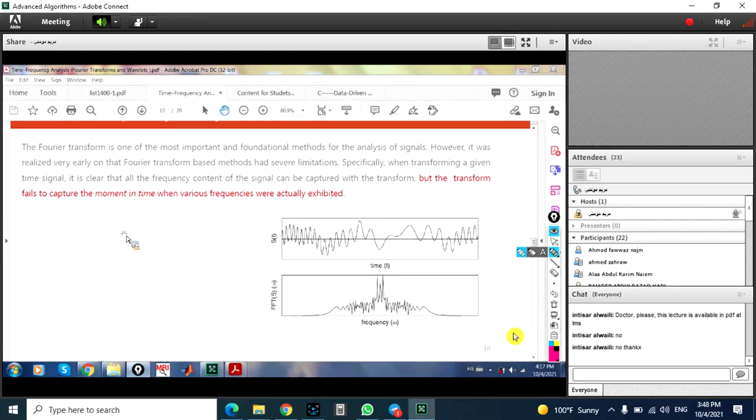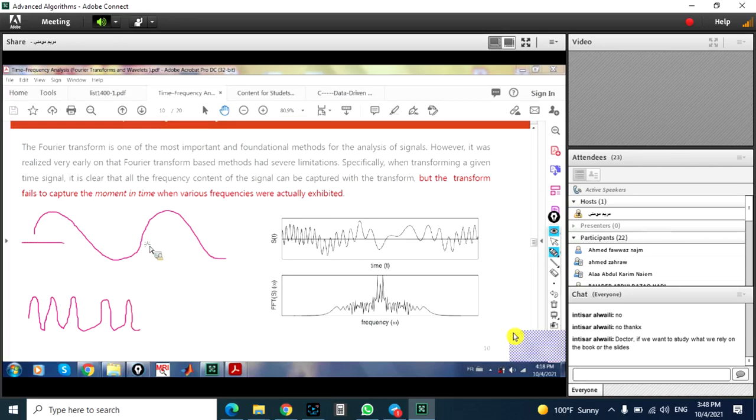Time changes can be reflected by frequency. I mean, for example, imagine this signal and imagine this signal, both of them in time.